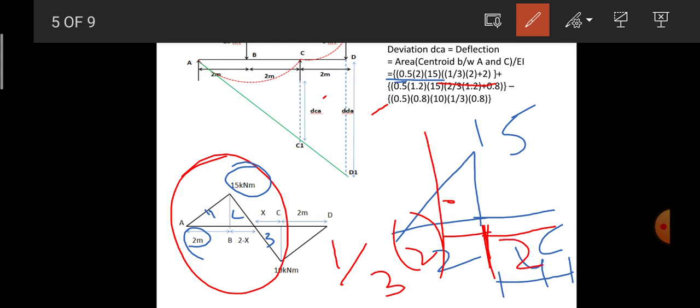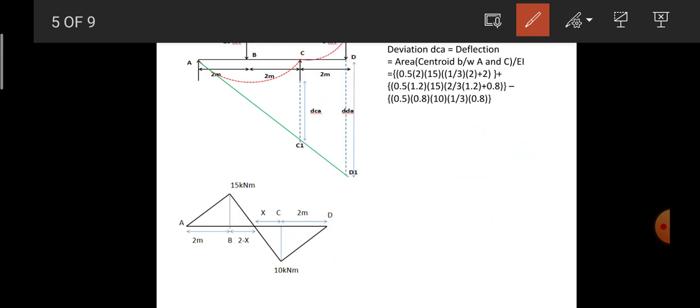Sorry, it is 2 meters. So 1/3 of 2 plus 2. So this is all about the calculation of area multiplied by the centroidal distance for the first sketch.